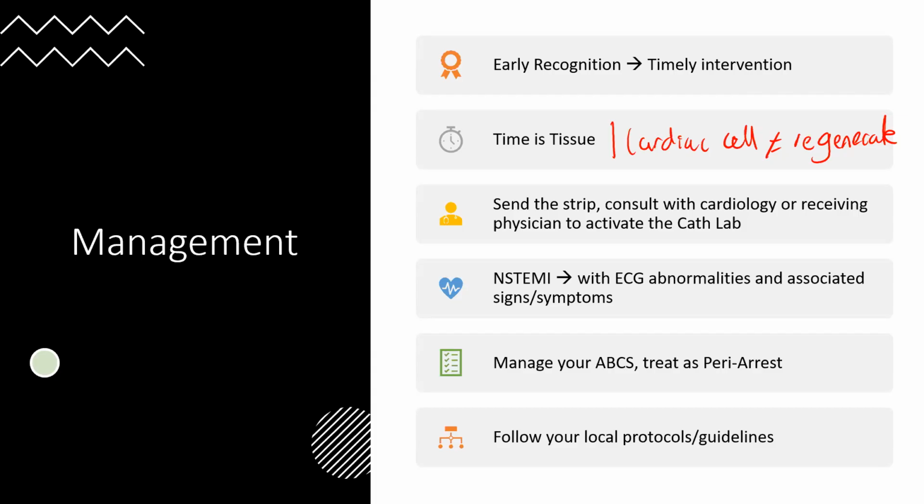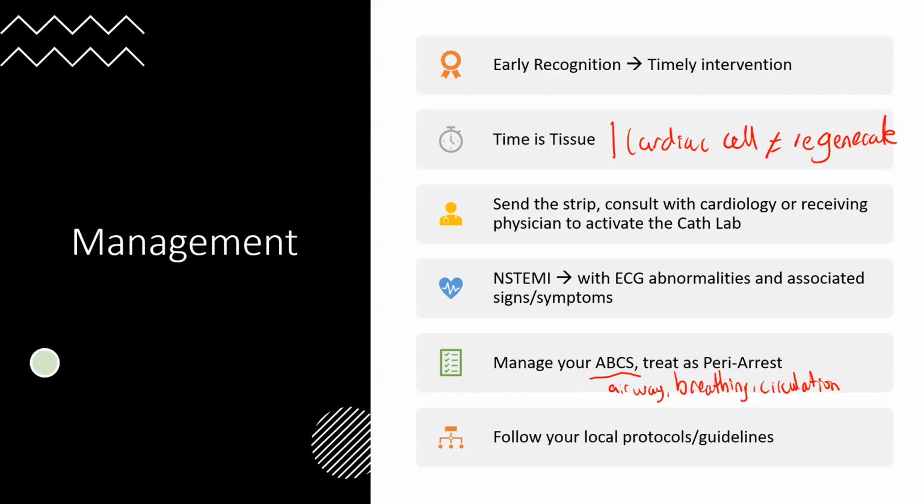Big point: if they're really sick, you're overloaded, and you don't really know what to do next, just manage your ABCs. And you hear a lot from everyone, it's airway, breathing, circulation, because any drop in one of these three is going to result in an arrest for a patient. So make sure the airway is actually open, whether that's positional, or if they're unconscious, putting in some form of adjunct to keep the tongue from occluding the airway.